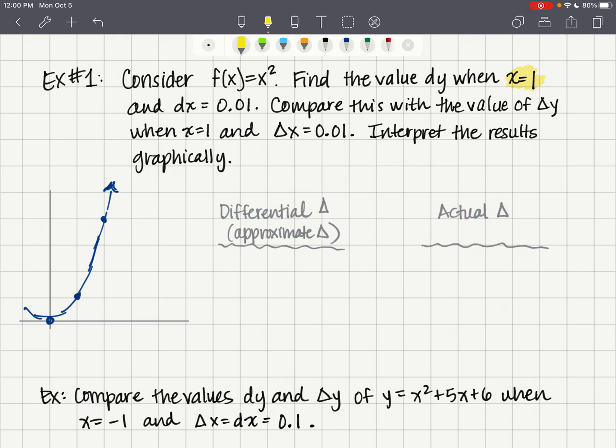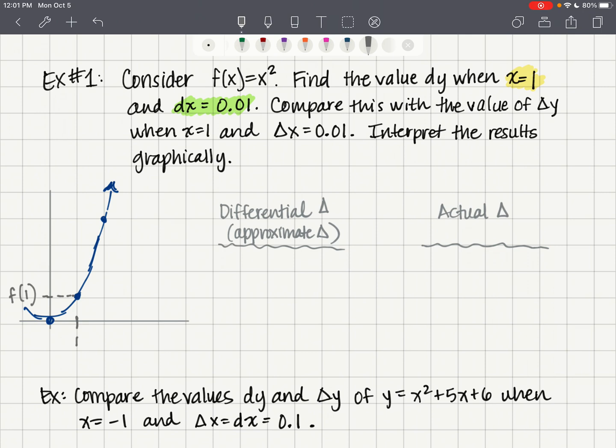I want to do that with a highlighter. When x equals 1 and dx equals 0.01. So when x equals 1, I'm going to have f of 1 as an output.